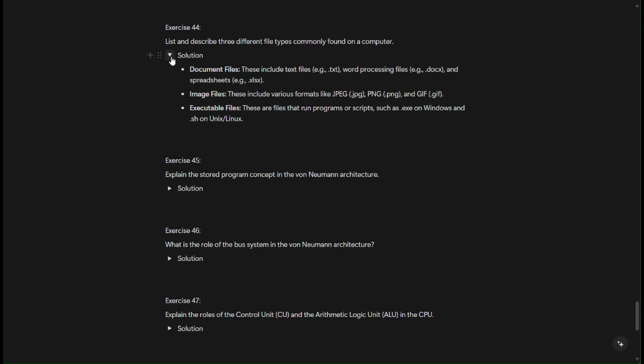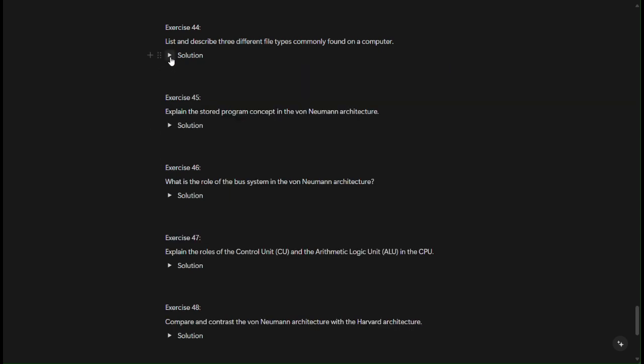We have executable files. These are files that run programs, such as .exe on Windows and .sh on Unix and Linux. These are the file types found in our computer.